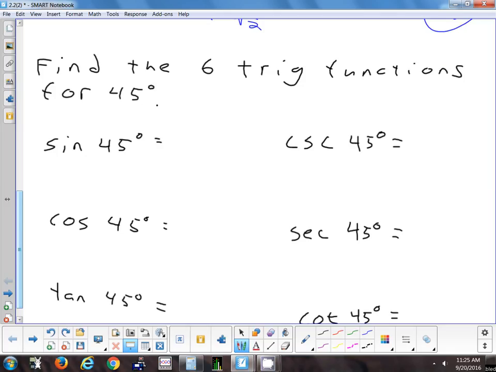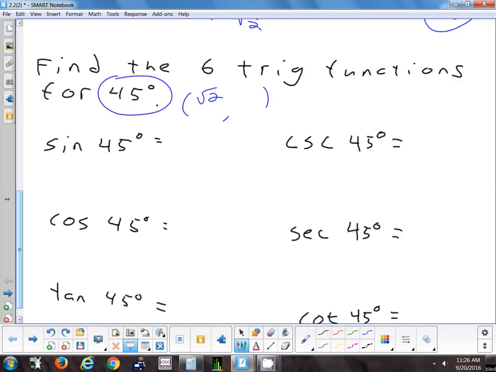Do I have what I really need to do unit circle trig in this case? No, they didn't give me something very important. Who can tell me what they didn't give me that I need to either memorize or figure out somehow? Yeah? I have to have the coordinate for that angle. That's what I need to know. Okay, so Brian, do I know the coordinate for 45 degrees? Yes, I just figured that out. Okay. So what is the coordinate for 45 degrees?